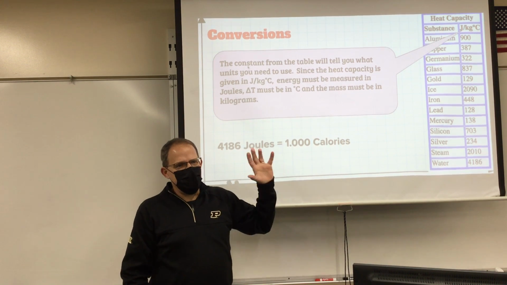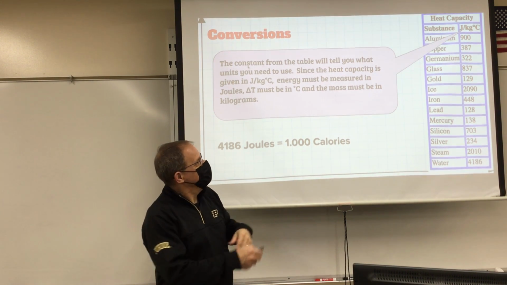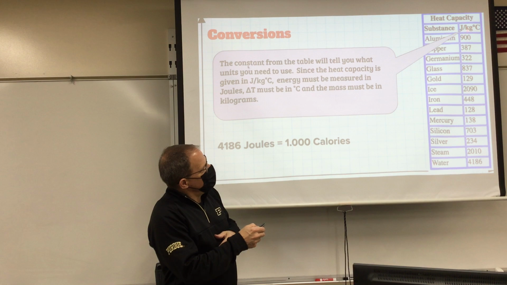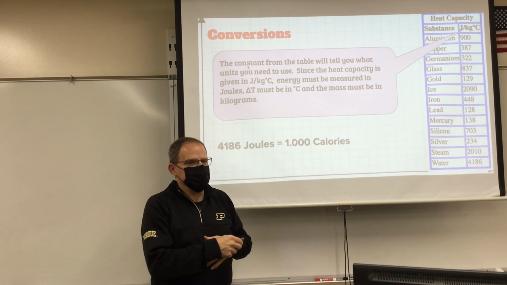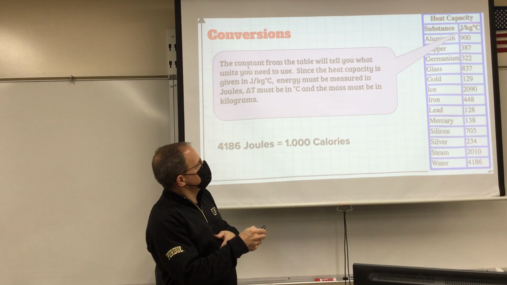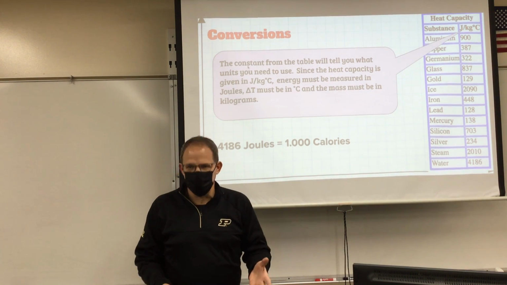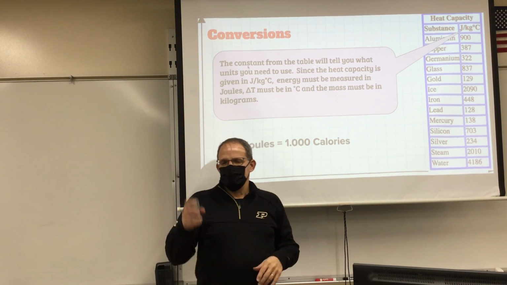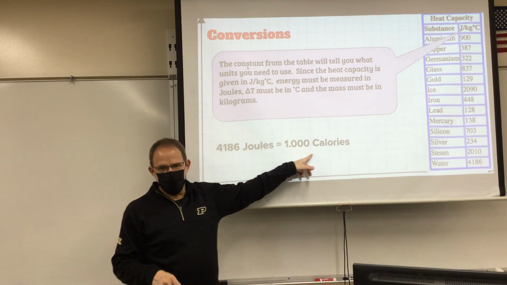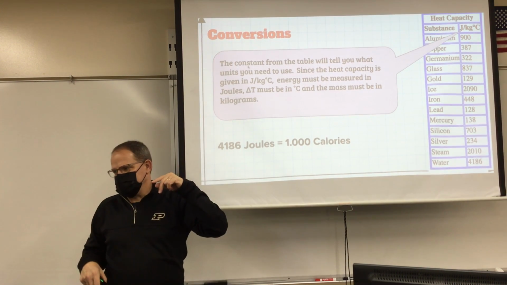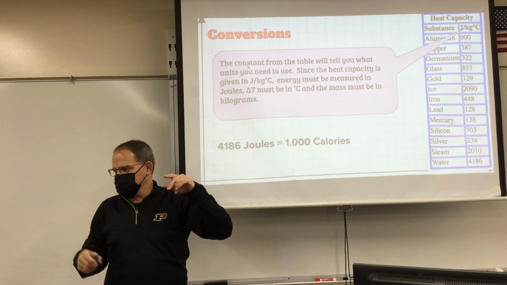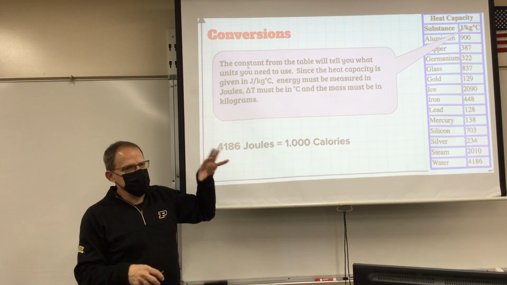So if you get a problem and your temperatures are in Fahrenheit, convert it to Celsius. If your masses are not in kilograms, convert them to kilograms. If your energies are not in joules, convert them to joules, okay? You have this conversion in your toolbox, but you might want to put it on Unit 7's page. So if you do, go ahead. Because we're going to use it a lot in this unit.